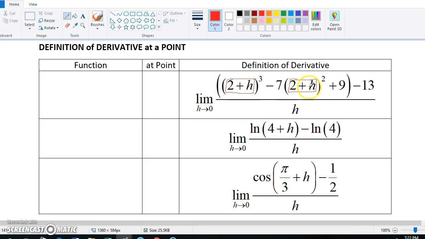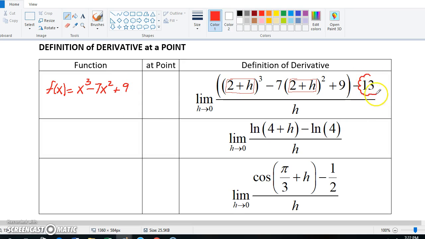So where I have these red boxes, that really represents what used to be my variable. So I could say f of x in this story is, oh, something got cubed, x cubed, minus 7 times something squared, plus 9.